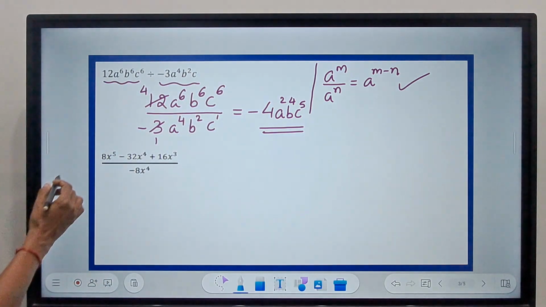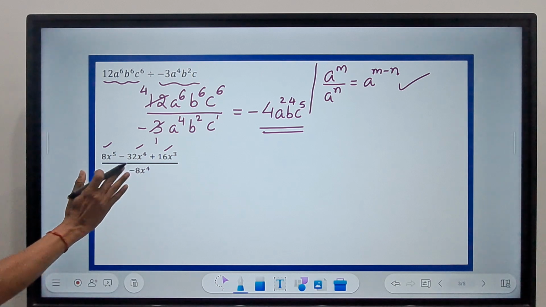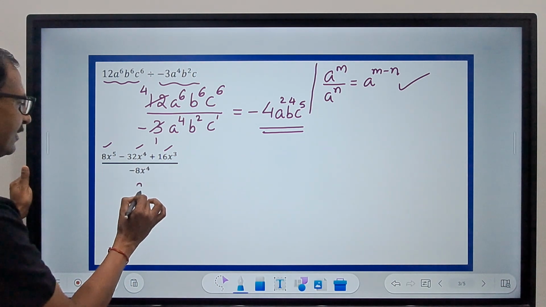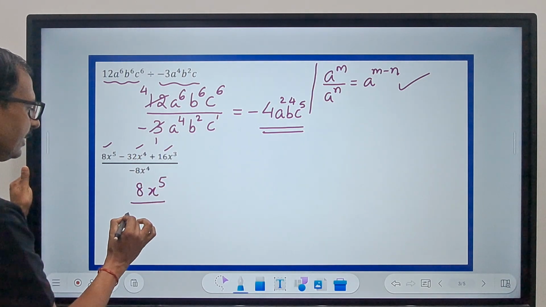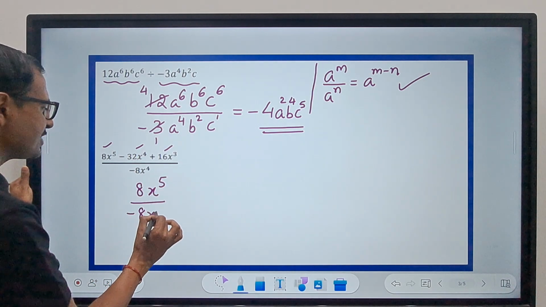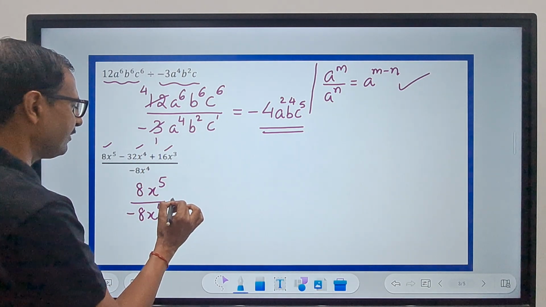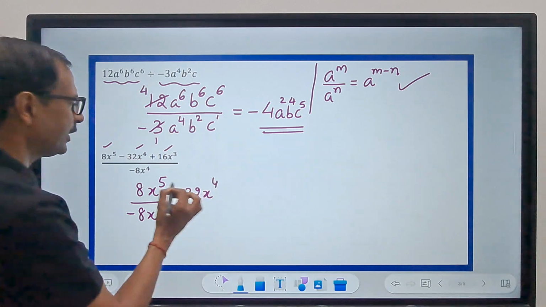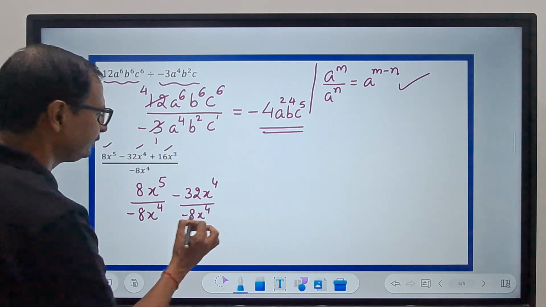So we have 3 different terms in the numerator here and 1 term in the denominator. What I will do here is, I will take the first term 8x power 5 and divide it by minus 8x power 4, which is in the denominator. Then I will take negative 32x power 4, the second term in the numerator, and divide it by the same thing, minus 8x power 4.